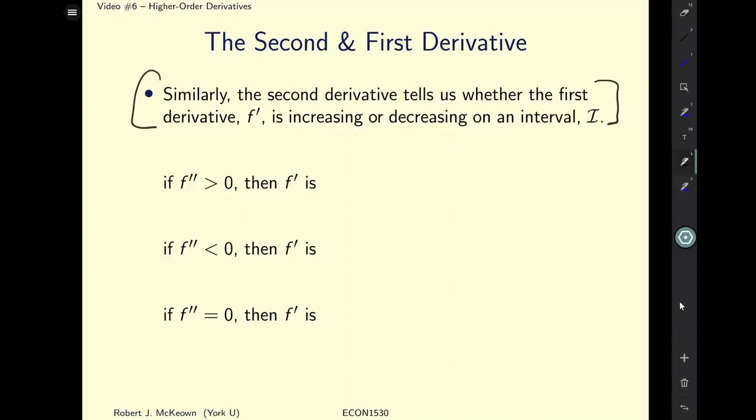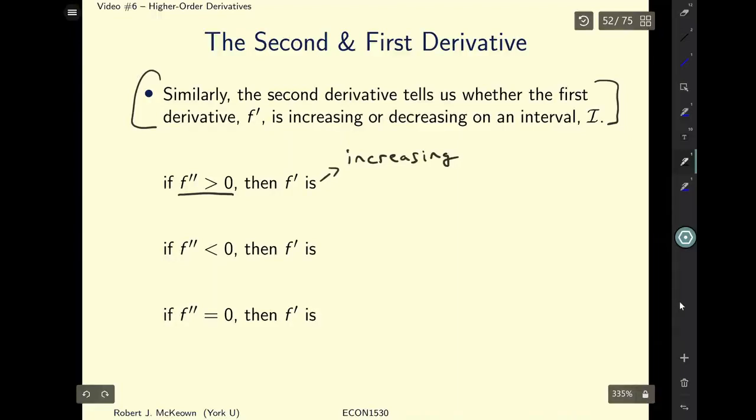So suppose, like in our example, we have f double prime, f prime prime, greater than 0. Then is f prime increasing or decreasing? Well, it must be increasing, right?